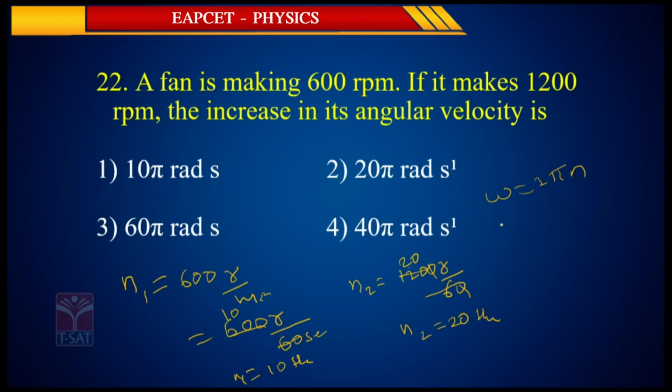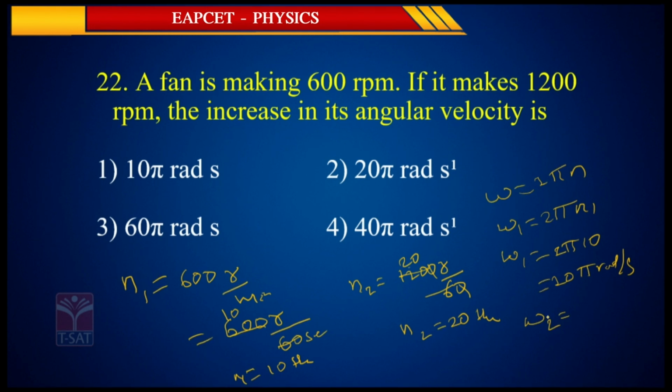Yes or no? Therefore, omega 1 is equal to 2 pi n1, 2 pi into 10. How much, children? 20 pi radian per second. And omega 2?